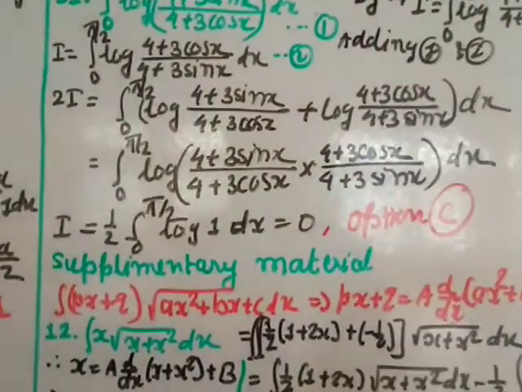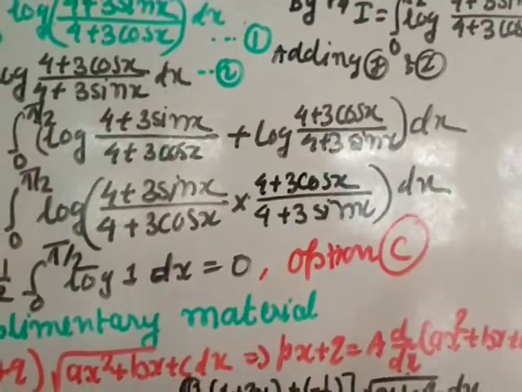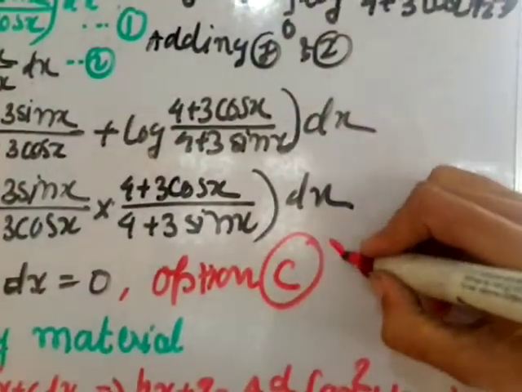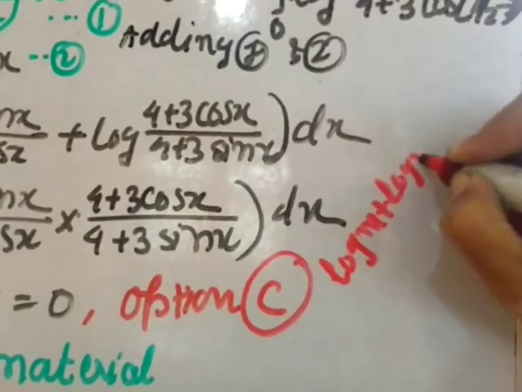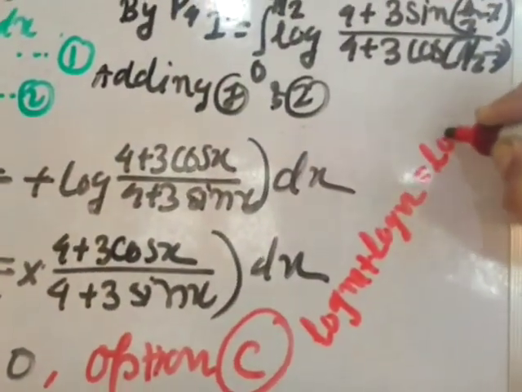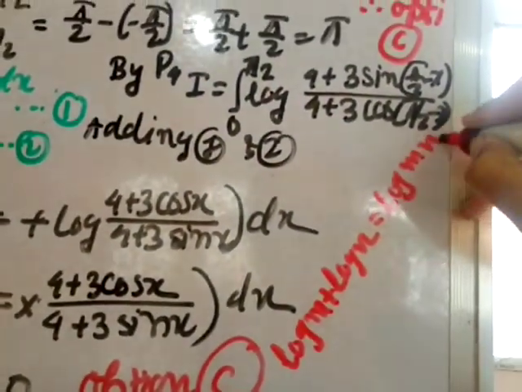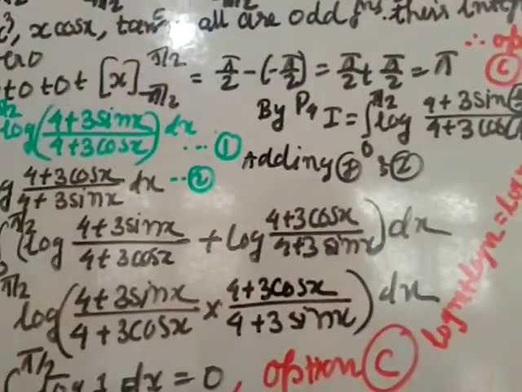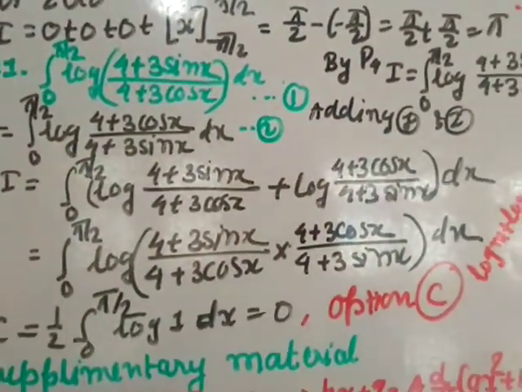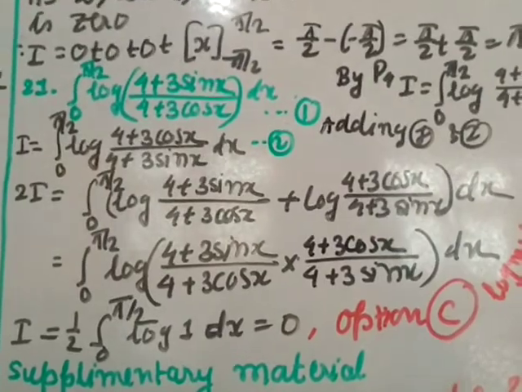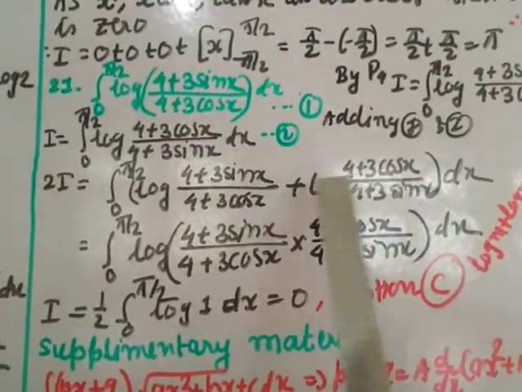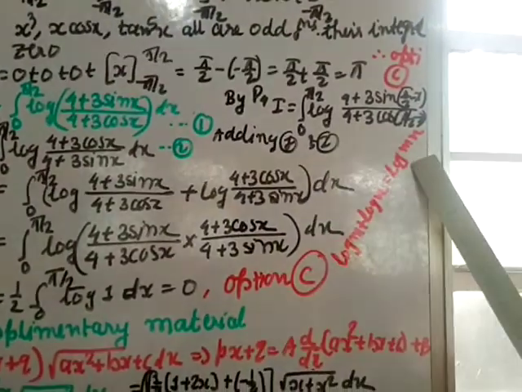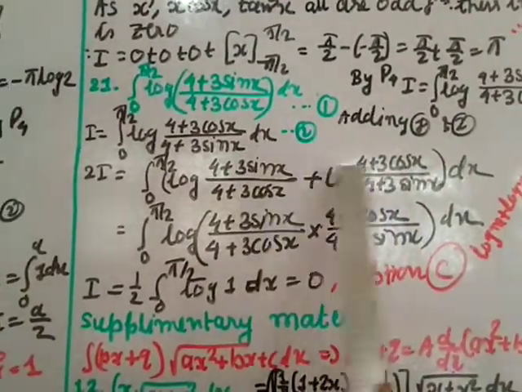The log property is log m plus log n gives you log of m into n. You have to do the product. When it is addition, then product, and when it is a difference, then division. If it is minus, then division. If it is addition, then multiplication. So here addition, so I'll multiply both together.